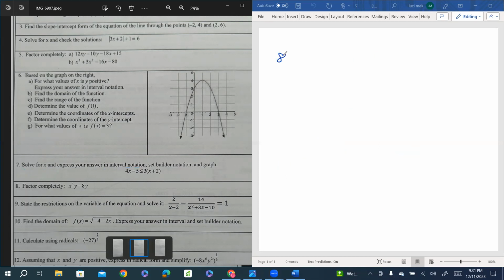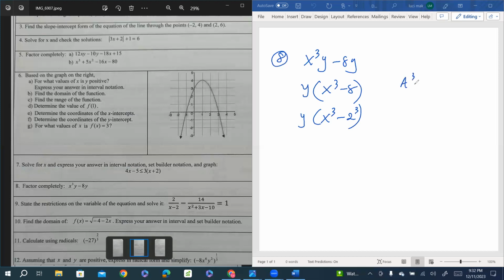Number 8. For number 8, we have to completely factor x to the third power y minus 8y. First the GCF: y is common. So y times (x to the third power minus 8). Now remember, 8 is 2 to the third power. Now we have to use the difference of two cubes. The formula for a cube minus b cube is (a minus b) times (a squared plus ab plus b squared).